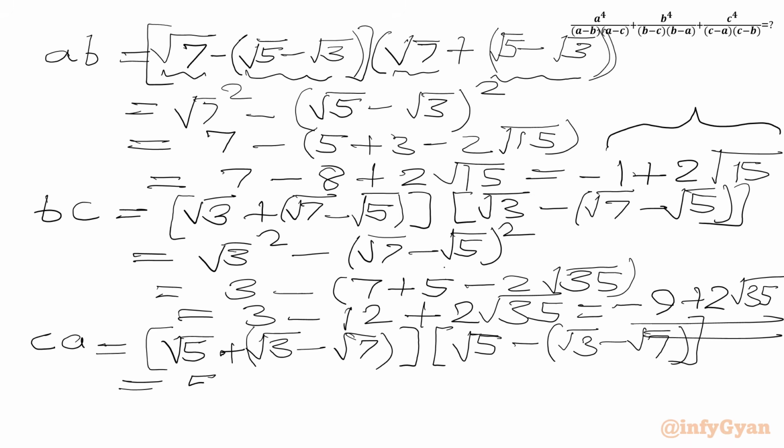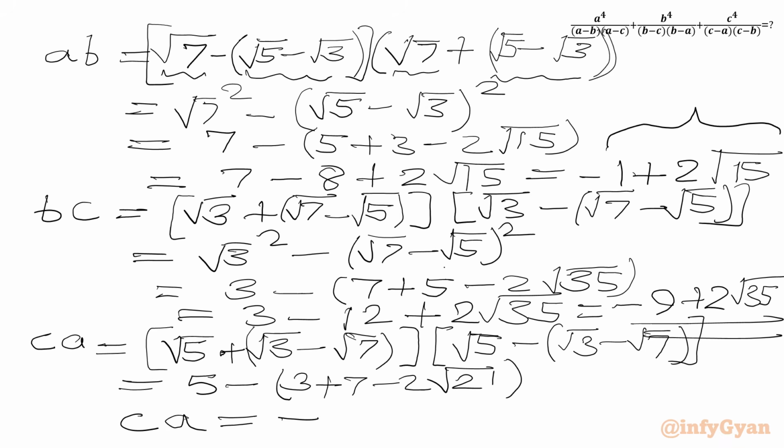Here we will be writing root 5 square, which is 5, minus, here we will consider (square root 3 minus square root 7) whole square. We will write 3 plus 7 minus 2 times square root of 21. So we will get the CA value: 5 minus 10 plus 2 square root 21, which is equal to minus 5 plus 2 square root 21. Now we have CA also.